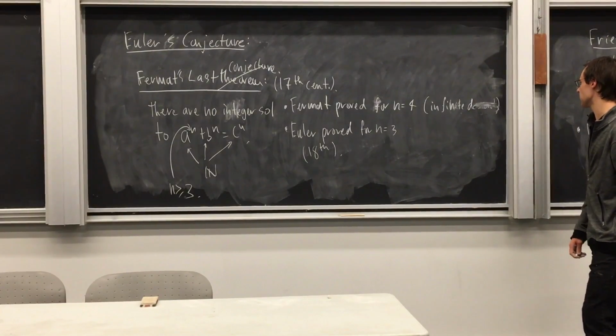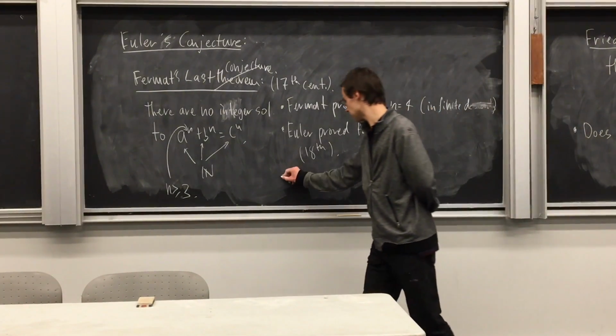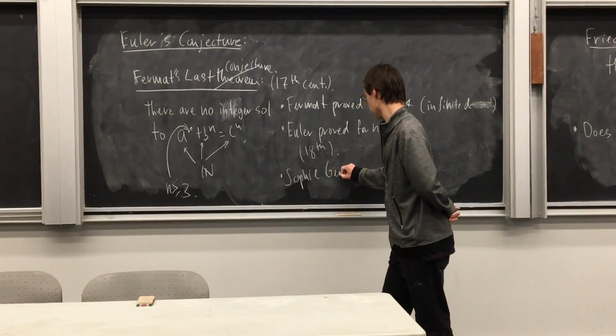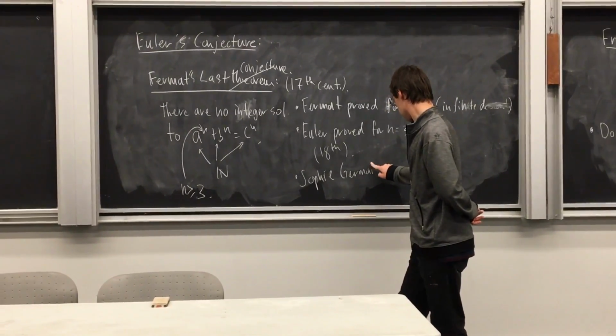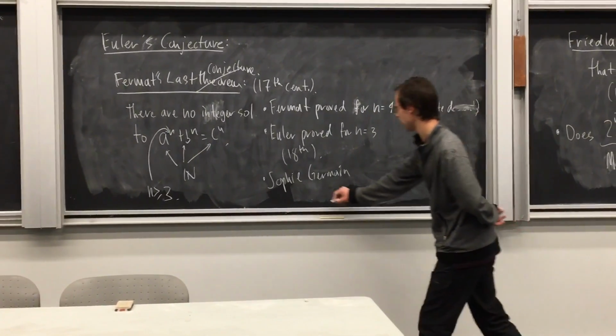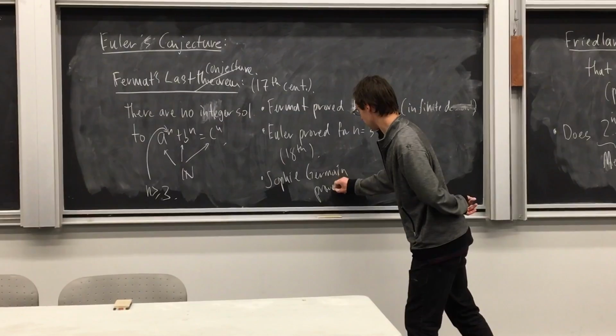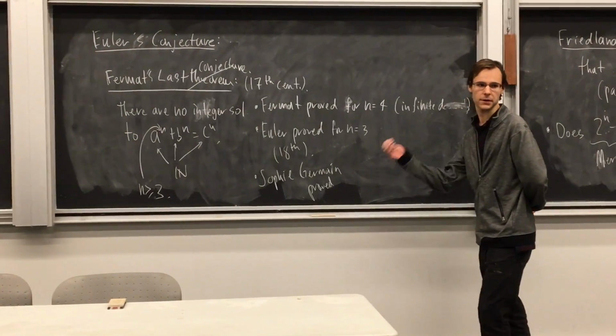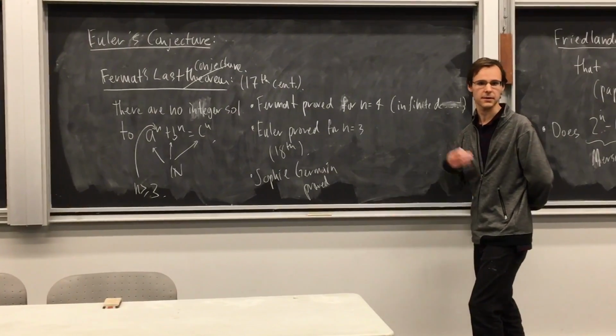And then another mathematician named Sophie Germain, I'm not sure how you spell that, I think like that, reduced the question to all prime exponents n. So she basically solved the question for n equals 6, n equals 8, and so on.